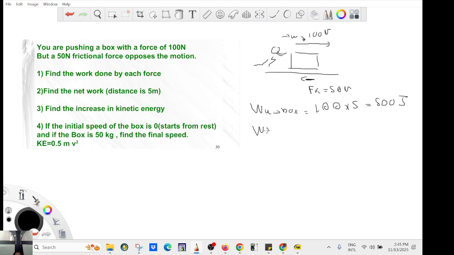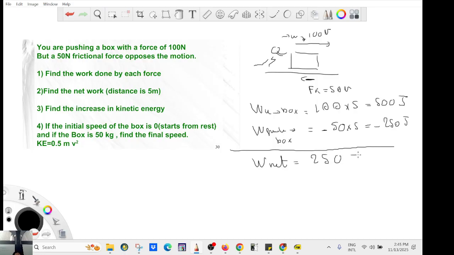The work done by friction on the box is going to be negative 50 times 5, which is negative 250 joules. Agree? And you balance out the account, right? Whatever comes in minus what comes out, that will be the net work, which is 250 joules.